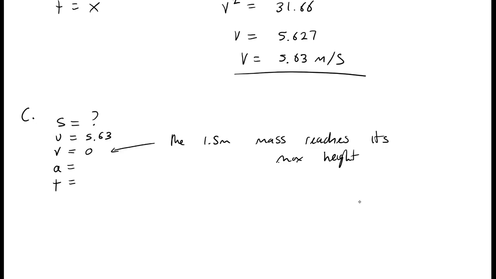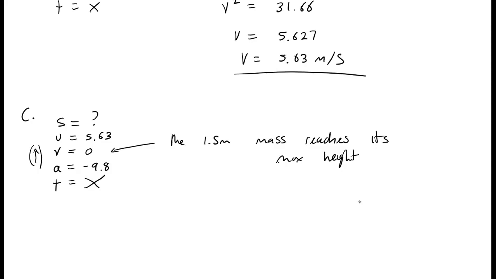The acceleration, in this case the only force acting on it is its weight, so acceleration is minus 9.8, and here we're taking up to be positive. We don't care about the time taken, and we're not given it, so just cross that out.